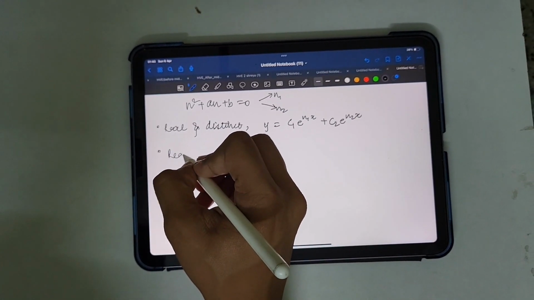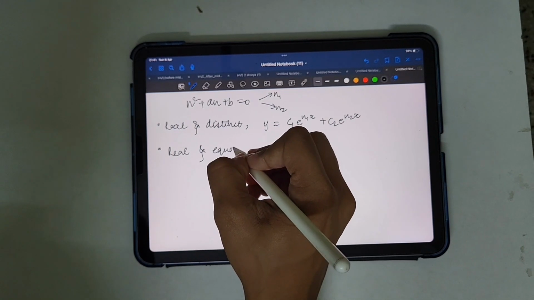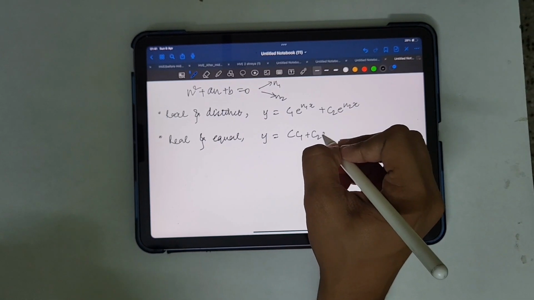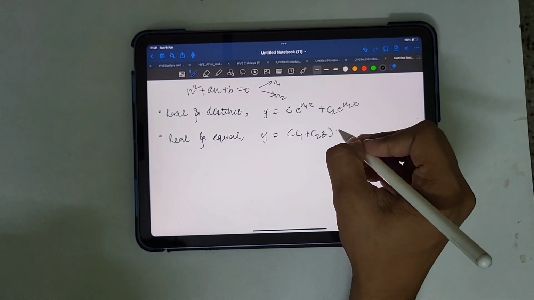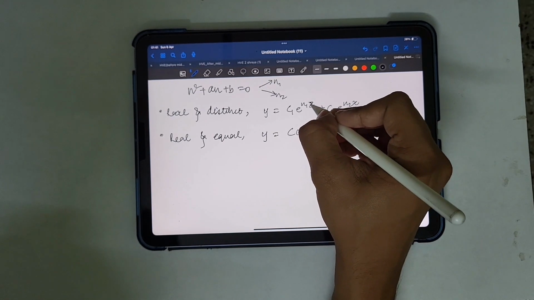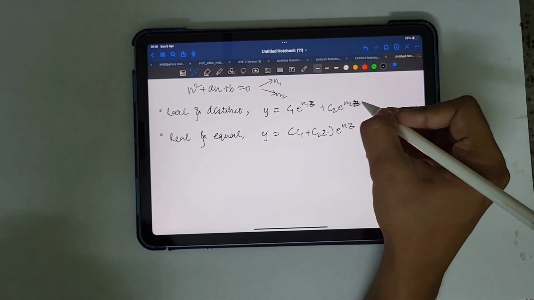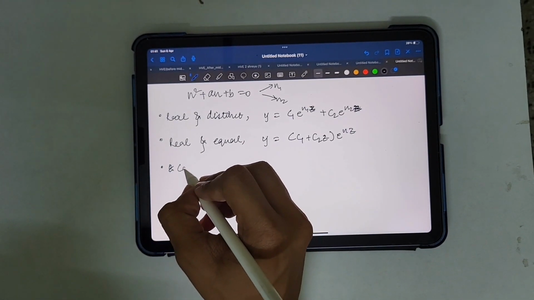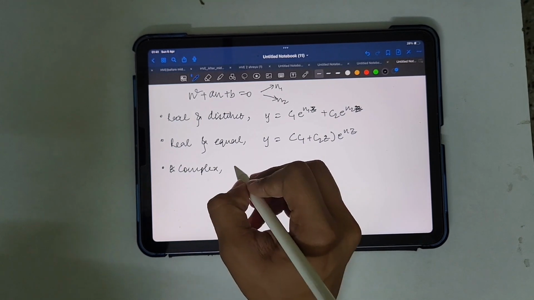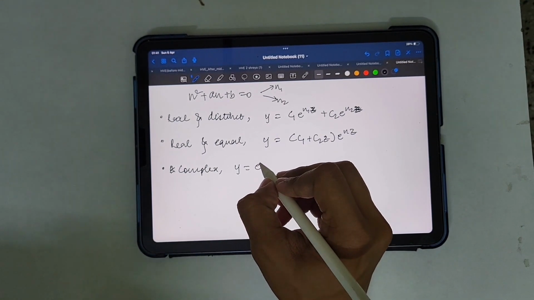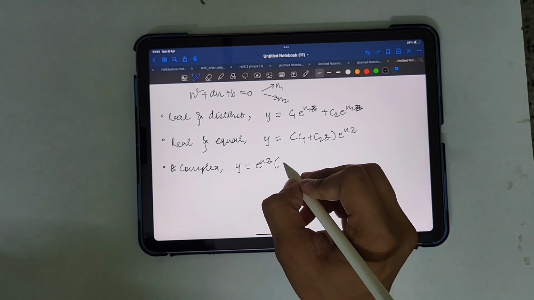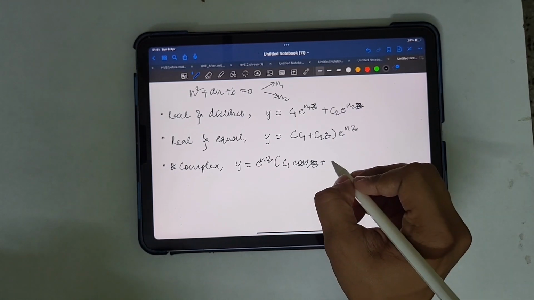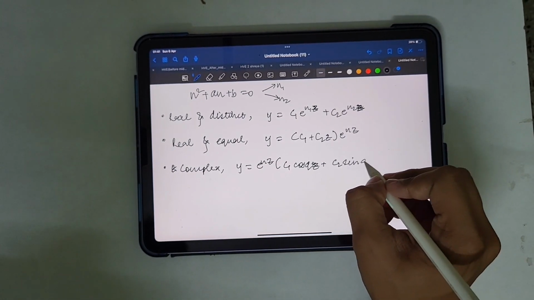If real and equal, we get y is equal to c1 plus c2 z times e to the power nz. Sorry, I made a mistake here. It should be z, not x. If n1 and n2 are complex, we get y is equal to e to the power pz times c1 cos qz plus c2 sin qz.